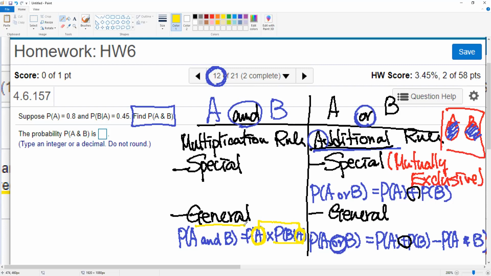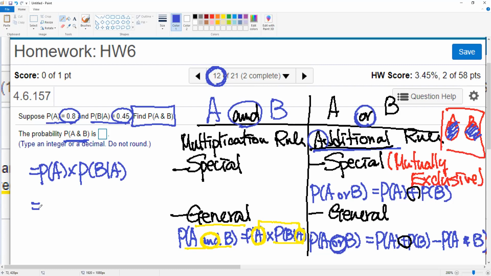When do we need the probability A and B? Now, look at this. We just need the probability of A and B. By the general multiplication rule, it will be the same as the probability of A times the probability of B given A. And they are all given here, so we simply take the multiplication.